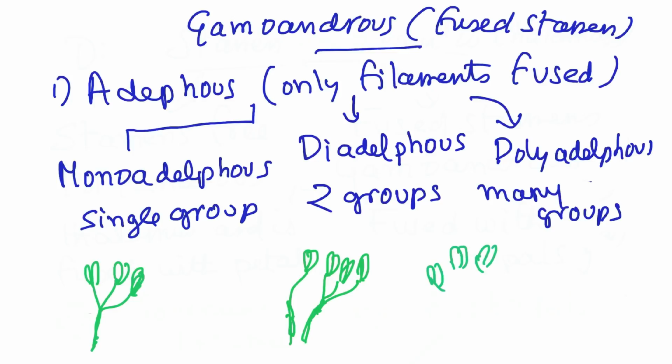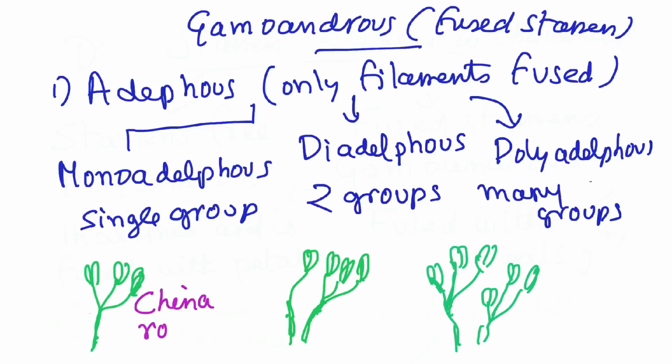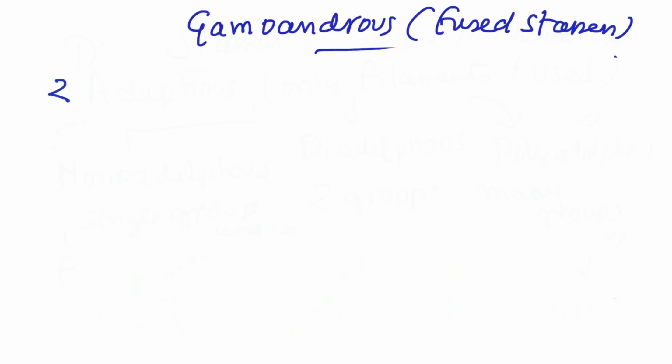So once again, note that in all these cases we have many anthers, but that's not the key point. Here we are looking at how many filaments are fusing together to form particular groups. So polyadelphous means many groups of filaments. Examples are China rose in monoadelphous, pea in diadelphous, and citrus in polyadelphous.